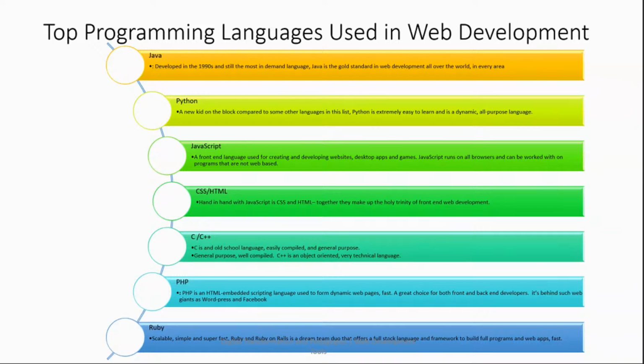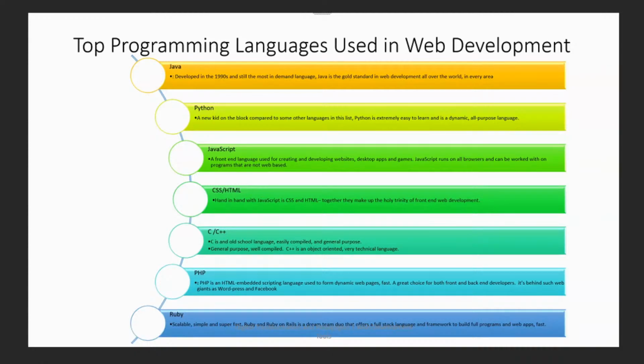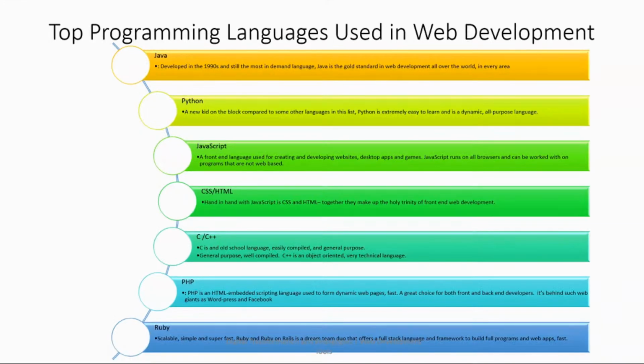Then there is JavaScript, a front-end language used for developing websites. Then you have CSS and HTML, which go hand in hand with JavaScript. Then C++ and C, which in fact is used to build the Java programming language.